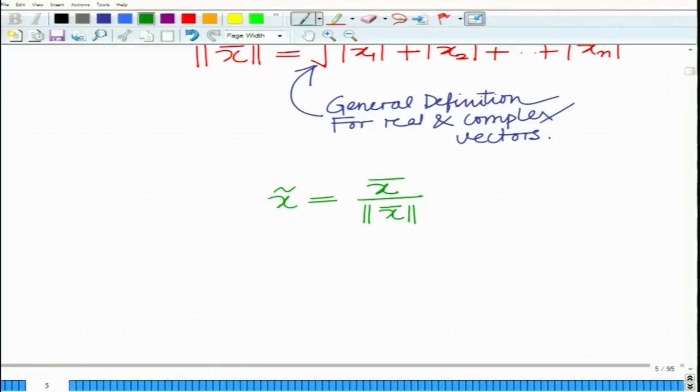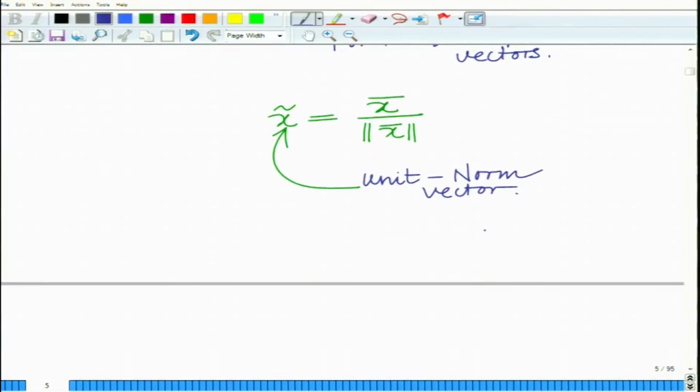So, this vector x tilde has an interesting property, x tilde is a unit norm vector, and you can simply show that very easily as follows.